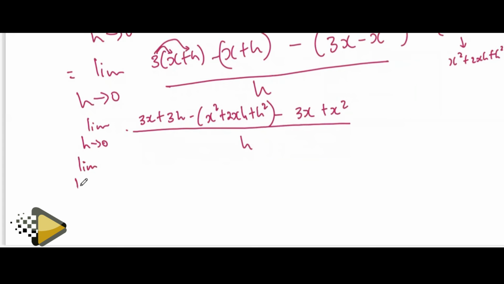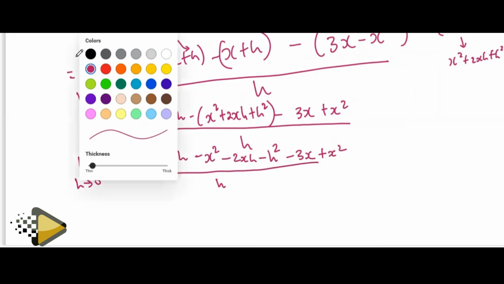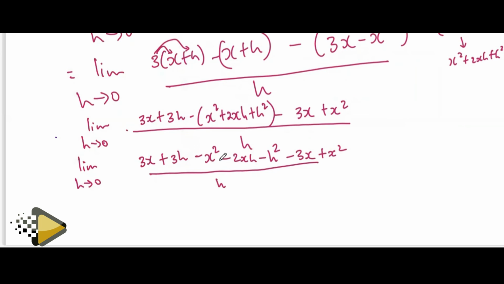So we're saying limit as h tends to 0. That's 3x, 3h. I'll open this, minus x squared minus 2xh minus h squared minus 3x plus x squared over h. So at this level, some things must cancel. This cancels that, this cancels that. I'm only left with 3h, negative 2xh, and negative h squared. I have to factorize.